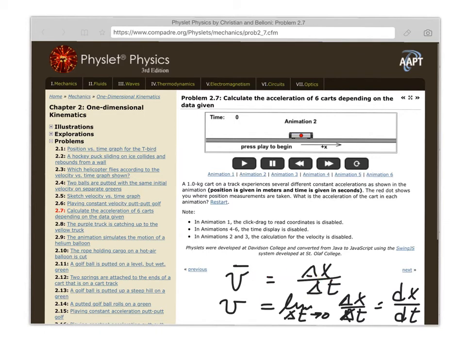An average velocity just averages out a long distance interval with a long time interval. And inside of that distance interval, the thing could be speeding up, slowing down, reversing direction. Anything could be happening.